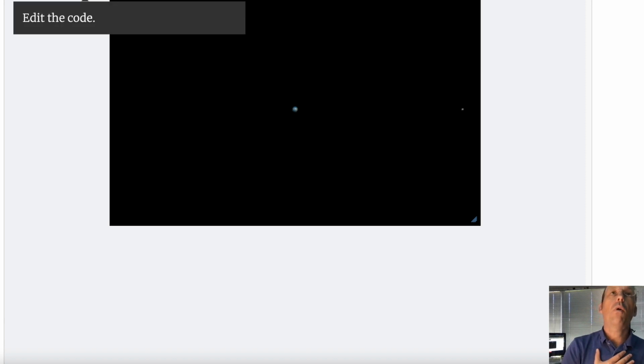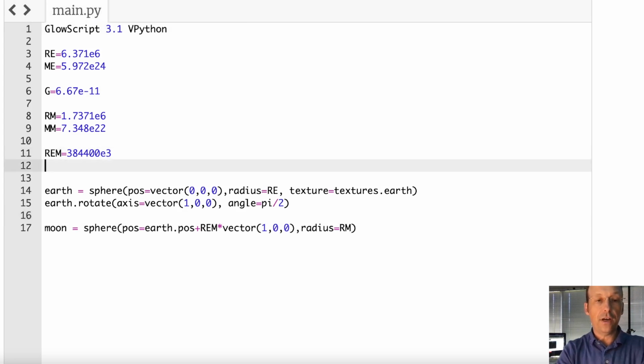Let's just see what it looks like. Great. So I love this because I can barely see the Earth. You can barely see the moon because they're tiny, or the moon's tiny and far away. I don't want to make it realistic, I want to make it cool. So let's go up here and define scale equals 3.